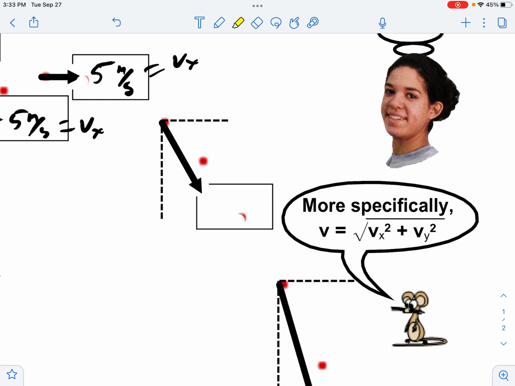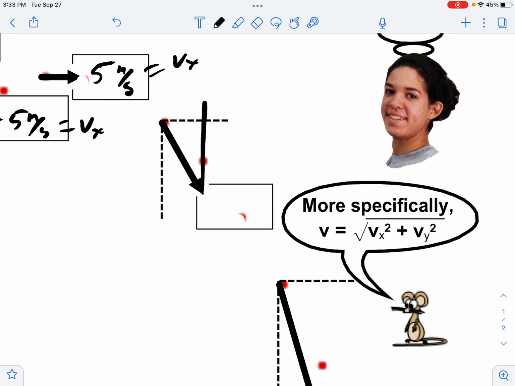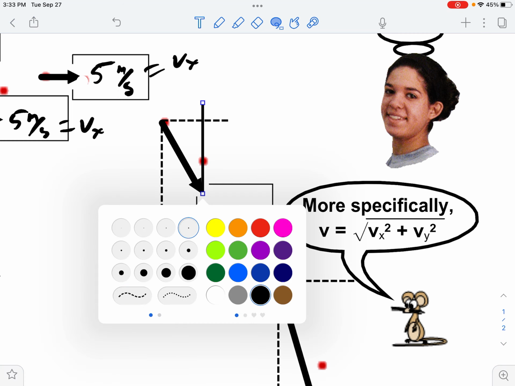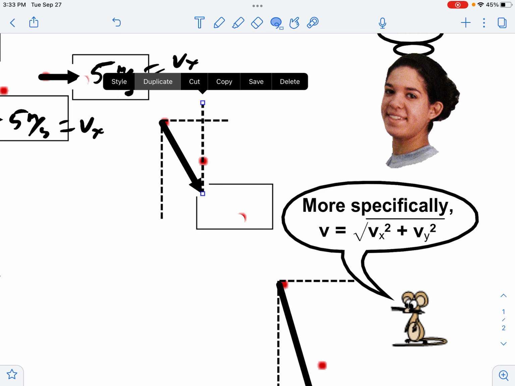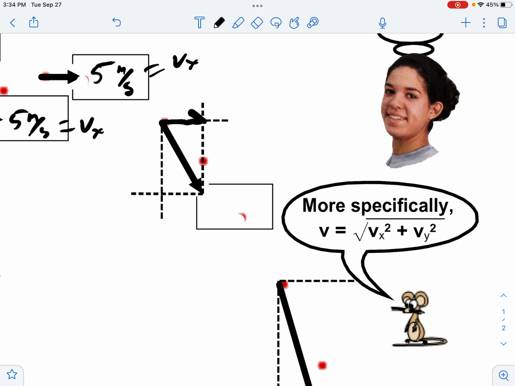So I can think about this in terms of components, and I'm going to draw those components. We've used this trick before where you make a little box around the thing, and the corners of the box tell us how long to make the arrow. The vector points down and to the right, so it's got a to the right component here, and it's got a downward component over here.